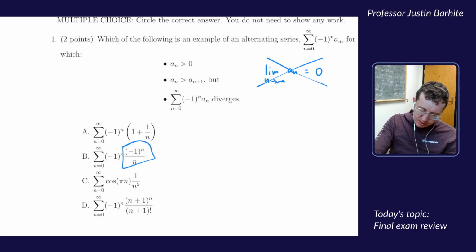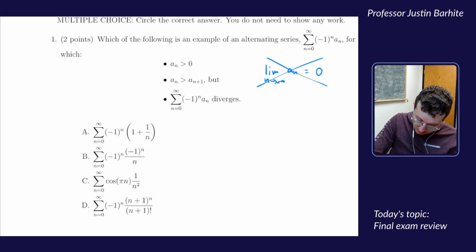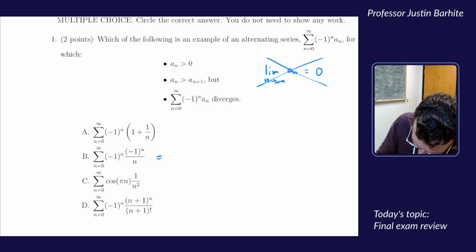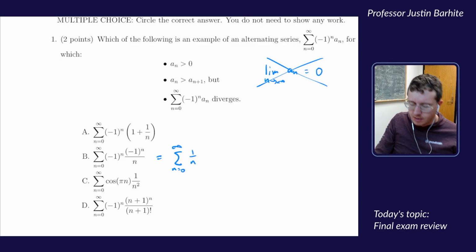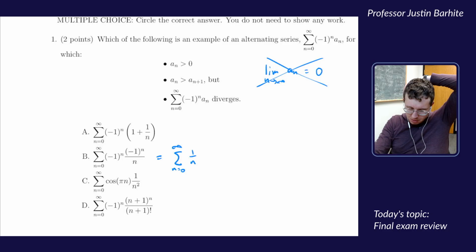Cosine pi n does alternate between 1 and negative 1. So that one alternates, and the series terms are decreasing, so it would satisfy the first 2 bullet points. But the series actually converges, because this 1 over n squared does approach 0.